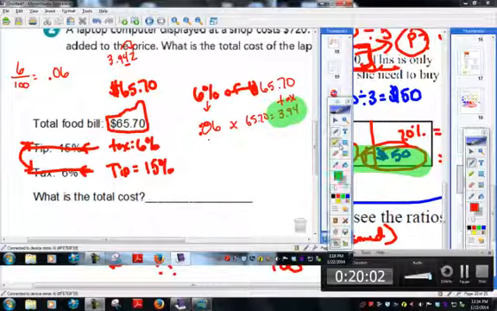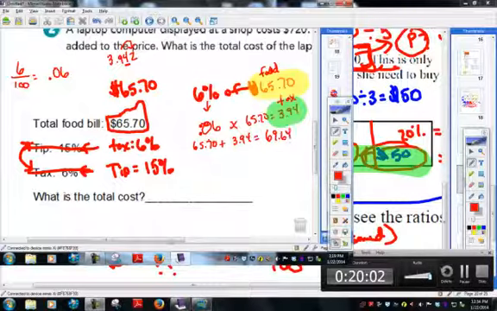So I'll try to color code this a little bit. In yellow up here, this is my food and drinks, but I'll just write food. Food is $65.70. My tax amount is $3.94. Now I'm going to add those together. So $65.70 plus $3.94 is $69.64.